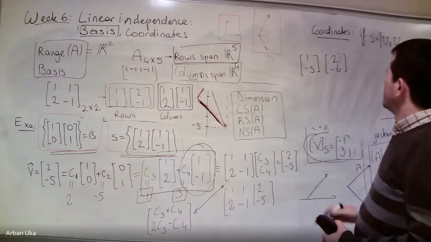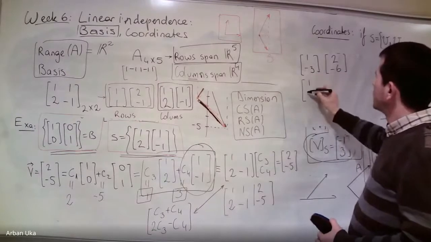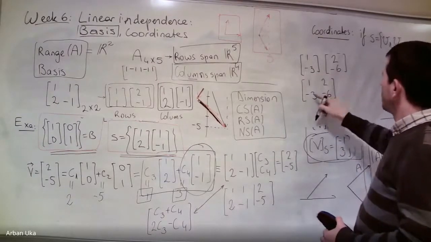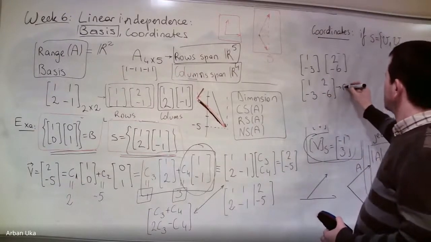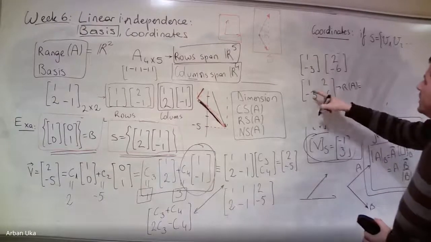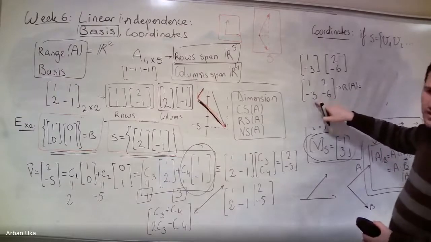And these two vectors are linearly dependent, and they constitute a matrix which can look like this. The range of this matrix A is defined as the linear combination of the first column and the second.